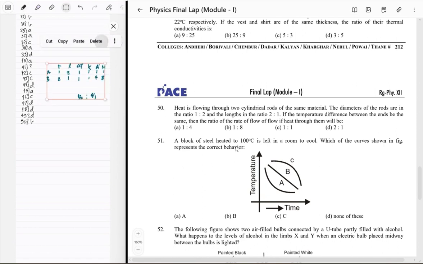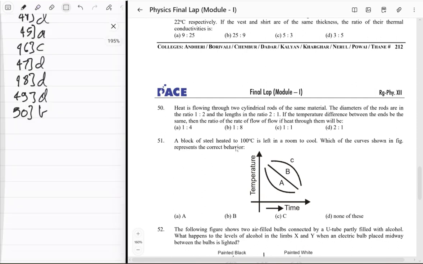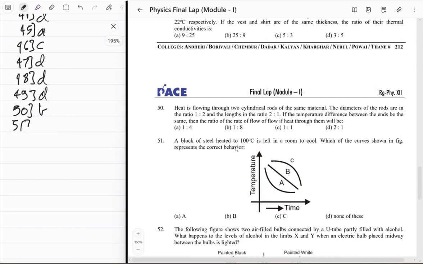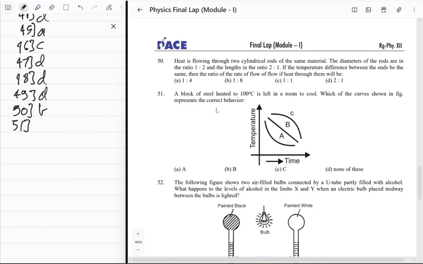51. A block of steel heated to 100 degrees Celsius is left in a room to cool. जो following curves shown in the figure represents the correct behavior. Convection है कि नहीं इसमें? तो फर्क क्या पड़ता है? Temperature versus time, हाँ. Correct behavior.